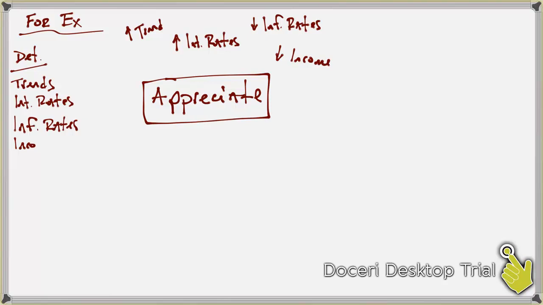So just remember, and I'm going to graph in just a second, but when you're looking at a foreign exchange graph, there are two ways that you can graph a currency appreciating. Okay?